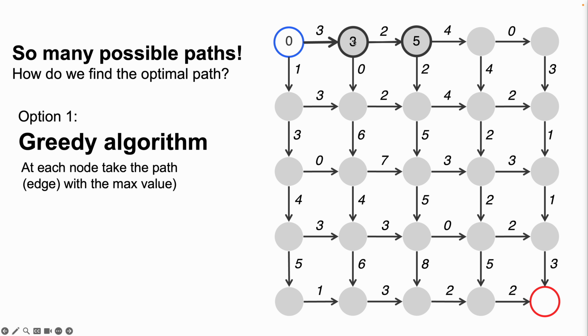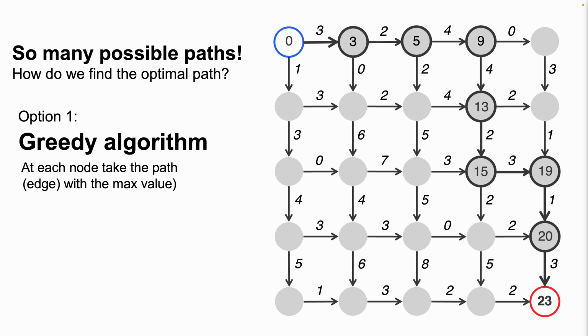From there, we take a 0 or a 2, take the 5. You get the idea, right? At every node, we just take the edge that gives us the better score. Okay, and if you keep doing that, you end up at the destination, and what we would call the longest path has a score of 23.